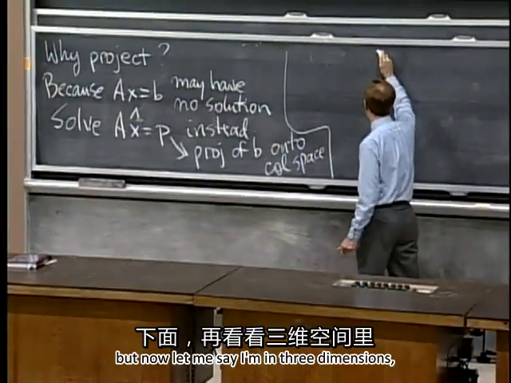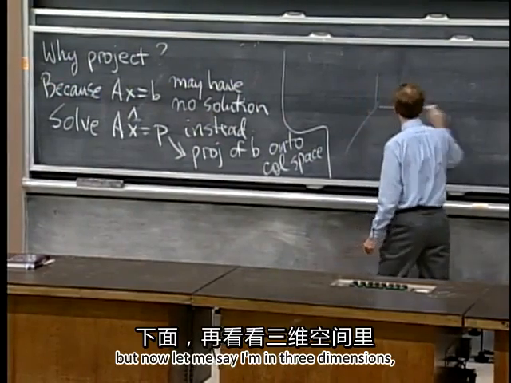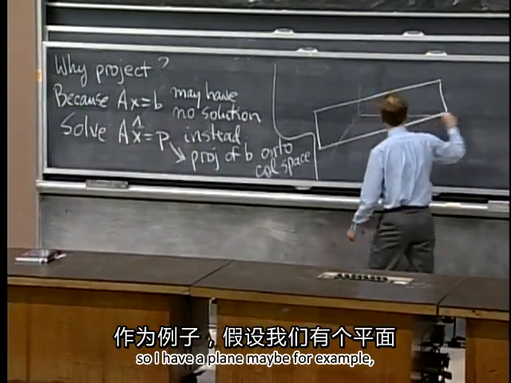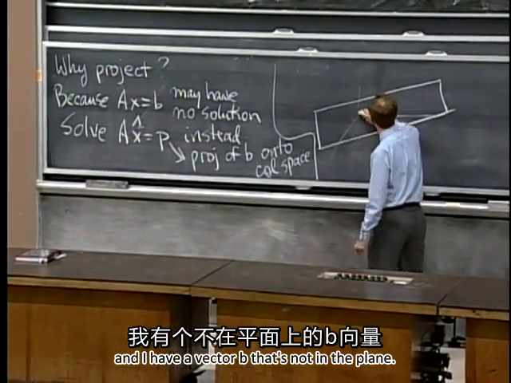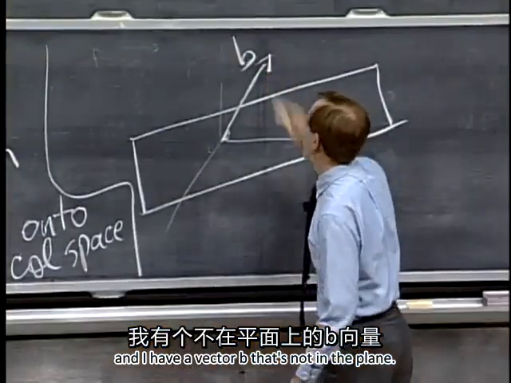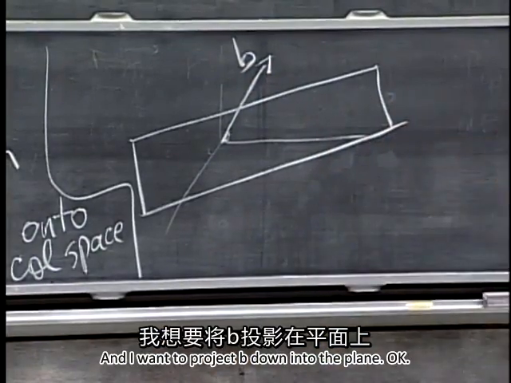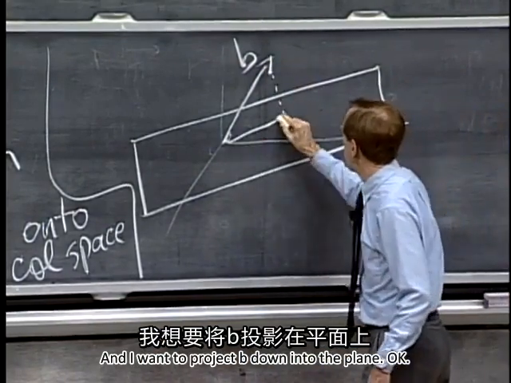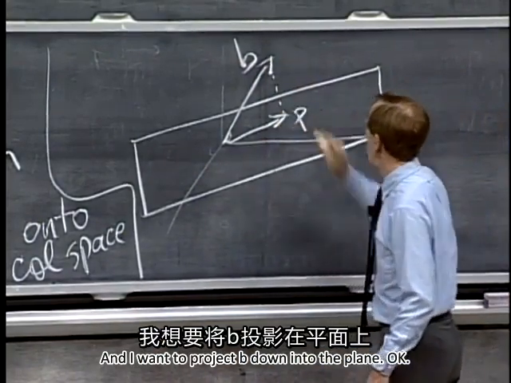But now let me say I'm in 3 dimensions. So I have a plane, maybe, for example, and I have a vector B that's not in the plane. And I want to project B down into the plane. Okay.